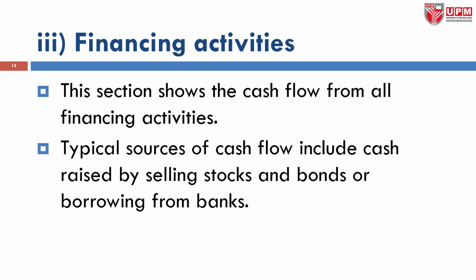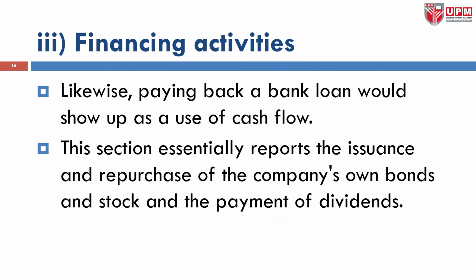The third item for cash flow statement is financing activities. So this section shows the cash flow from all financing activities. Typical sources of cash flow include cash raised by selling stocks and bonds or borrowing from banks. Likewise, paying back a bank loan would show up as a use of cash flow.